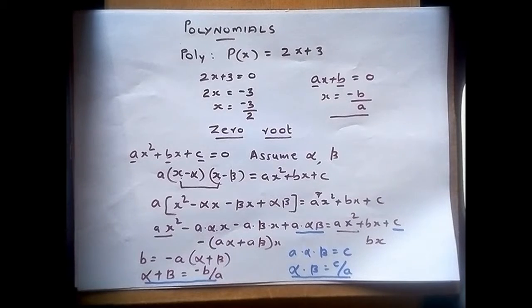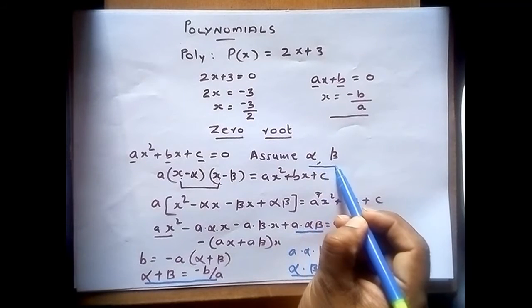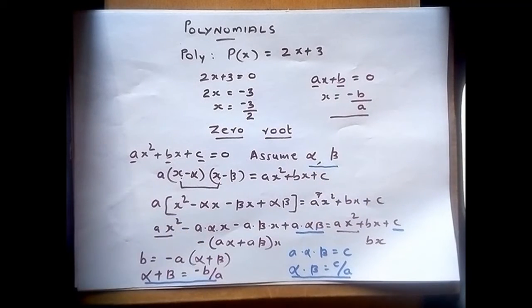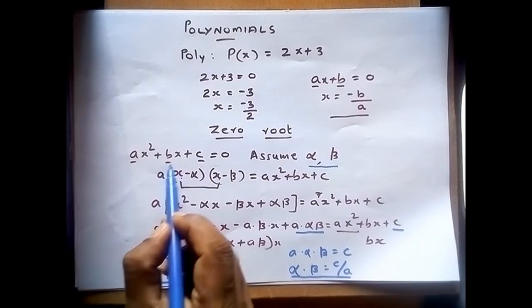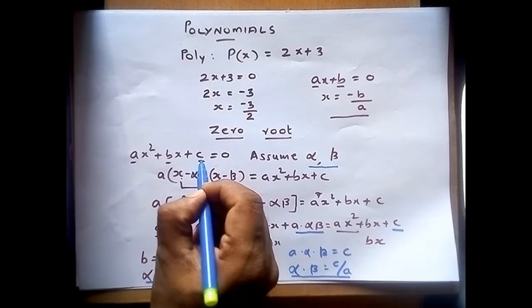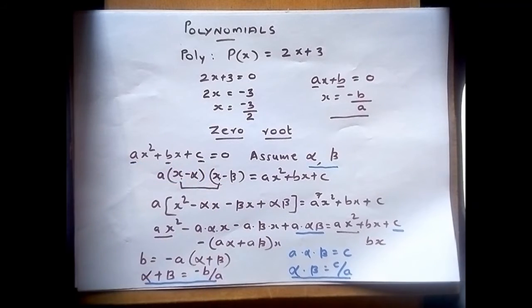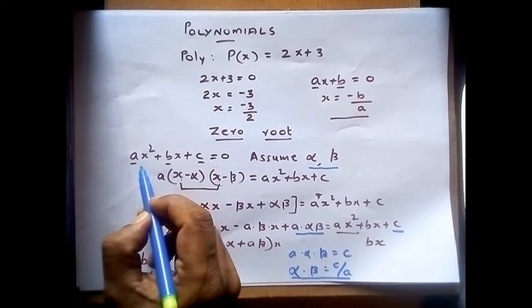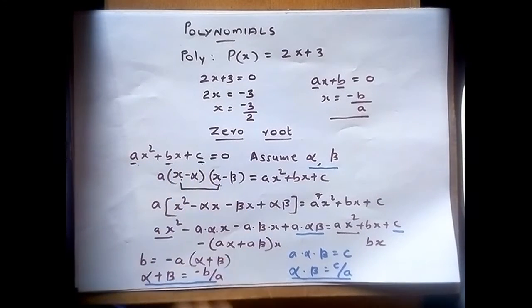So if alpha and beta are the roots of this equation, or roots of the polynomial ax square plus bx plus c, then alpha plus beta is equal to minus b by a, and alpha beta is equal to c divided by a. Here again we found that the roots are directly related to the coefficients of the polynomial.